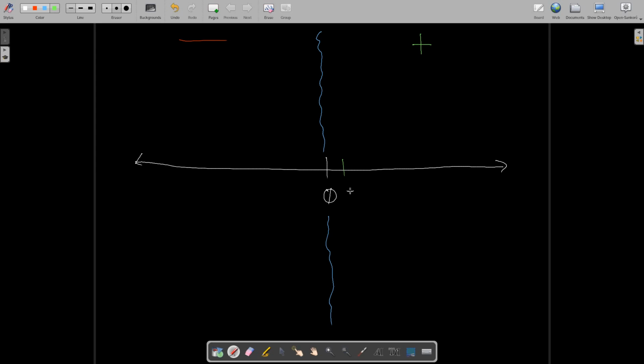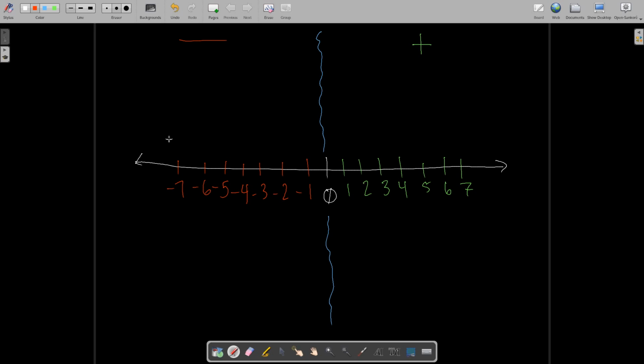So in the positive world, we have all of our positive numbers. Okay? Just like normal. And in the negative world, we have our negative numbers, which are exactly the same as the positive numbers. They're just backwards. They're negative. They're the opposite. Okay? And we're going to talk about that.